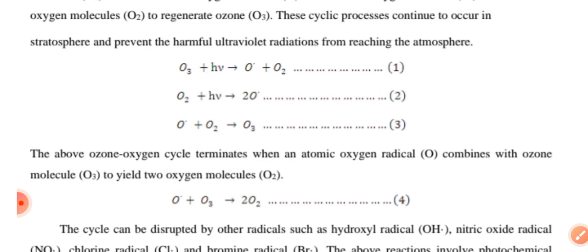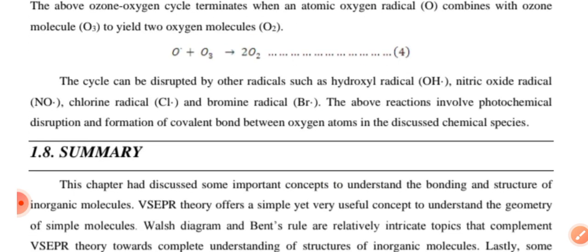O3 reacts with radiation to give O and O2. O2 reacts with radiation to give two O radicals. O radical reacts with O2 to give O3. The above ozone-oxygen cycle terminates when an atomic oxygen radical O combines with an ozone molecule O3 to yield two oxygen molecules, O2.